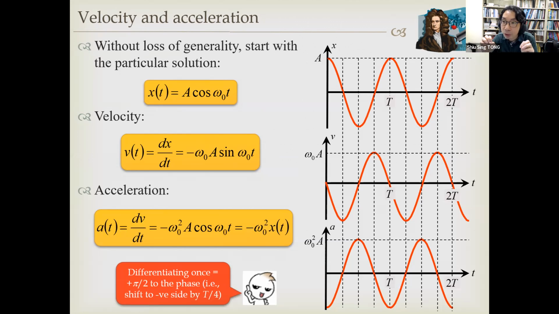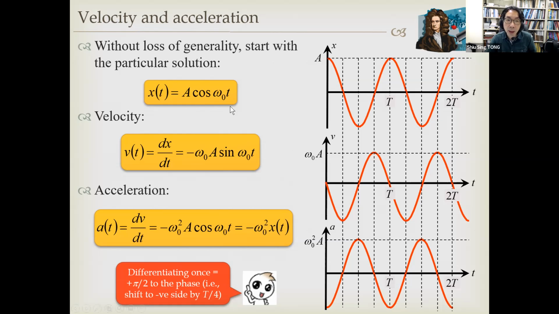Whenever you see a motion with an acceleration proportional to the displacement but in the opposite direction, that is a simple harmonic motion. The solution to that problem is an oscillation in a simple harmonic form. In fact, whenever you see this equation, you don't have any doubt, you can write down the solution immediately. It must be a simple harmonic oscillation with a frequency omega naught.